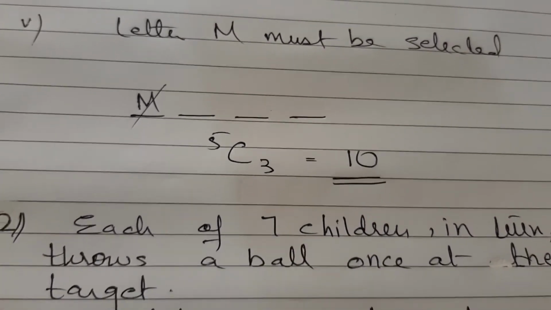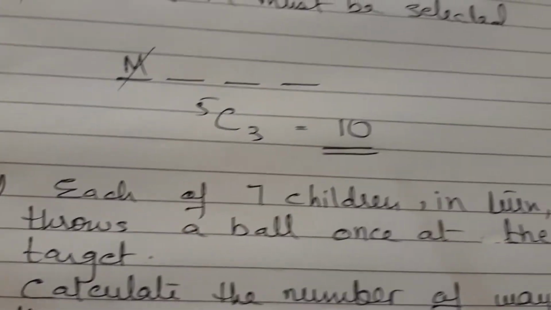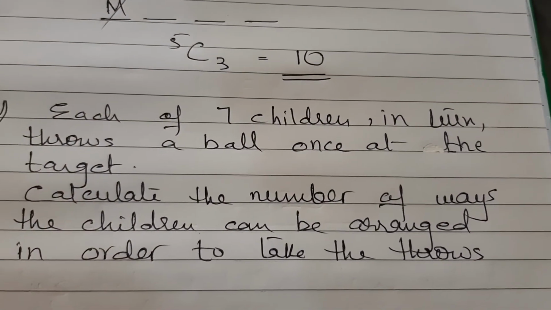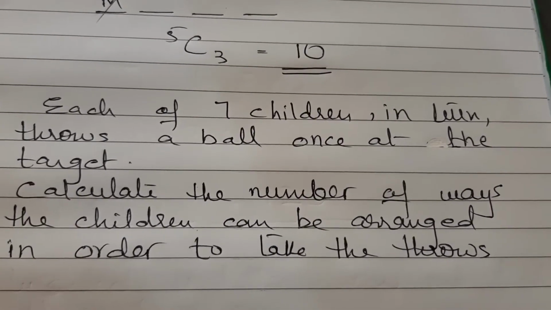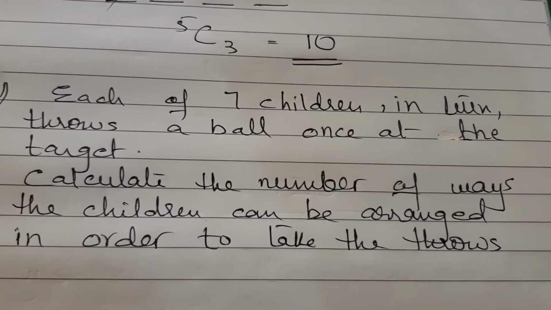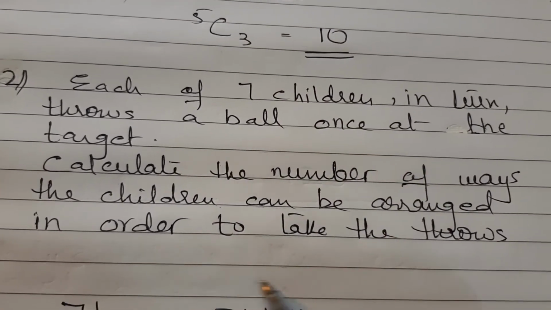Okay, so let's see the last question of this video. It is also a past paper question. It is saying each of the 7 children are throwing a ball at the target, and calculate the number of ways the children can be arranged in order to take the throw.